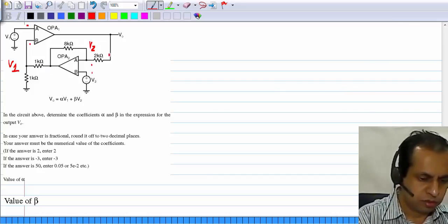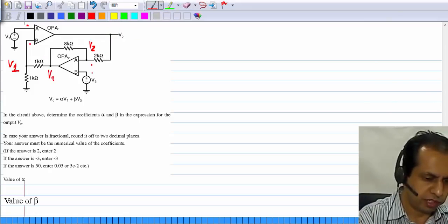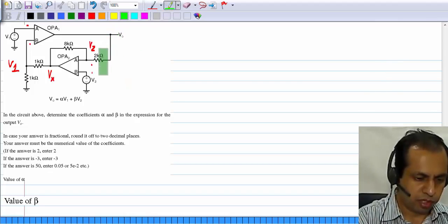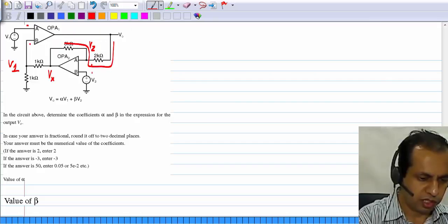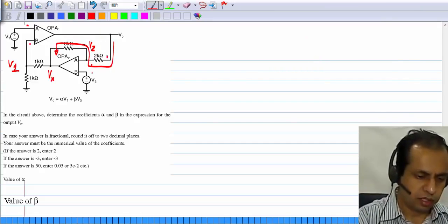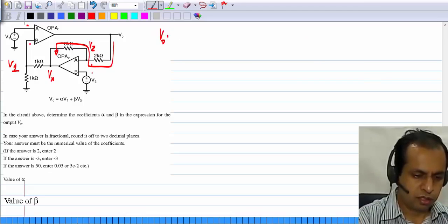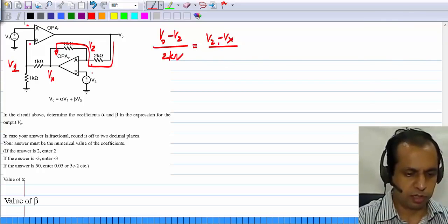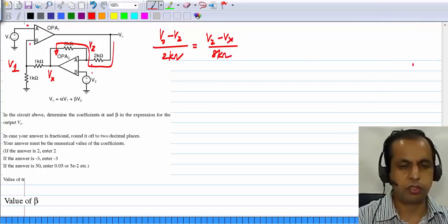So first of all, this is V0, and let me call this Vx. We know that the same current flows into this and into that one. That is, some current flows here and it has to flow that way. Then V0 minus V2 divided by 2 kilo ohm should be equal to V2 minus Vx divided by 8 kilo ohms.